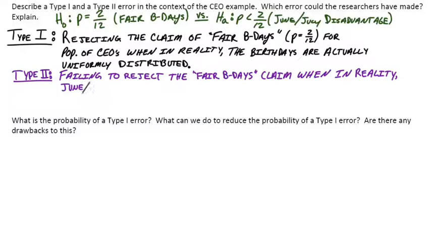So when in reality, June, July birthdays have a CEO disadvantage. So type 2 is fail to reject. That's the way we could have made that error. We talked about the type 1 error. And then the question asked, which error could the researchers have made?